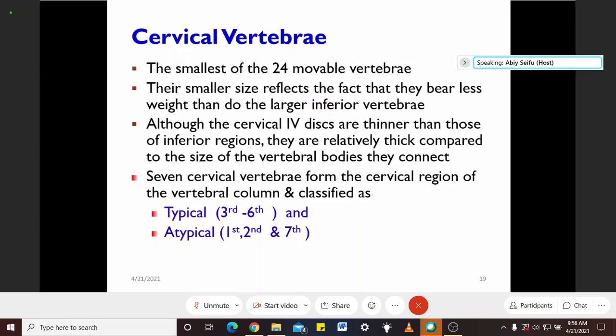Instead, there is the odontoid process. And the size of the vertebrae is smaller, which reflects the weight that they bear.